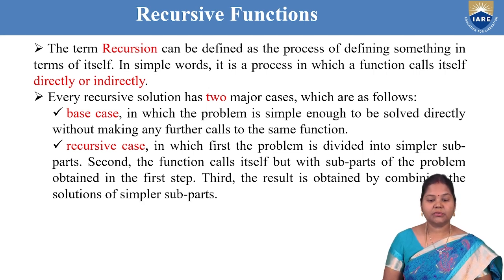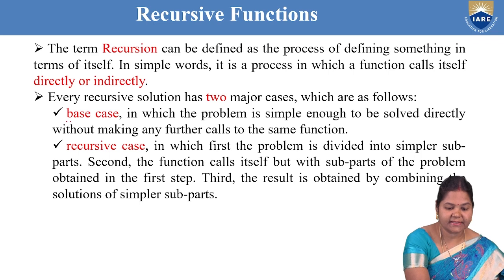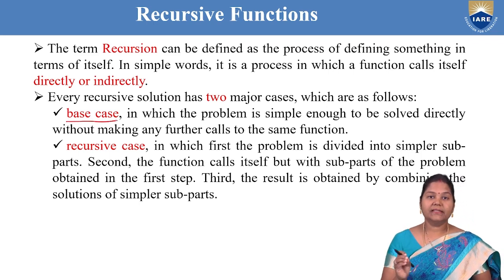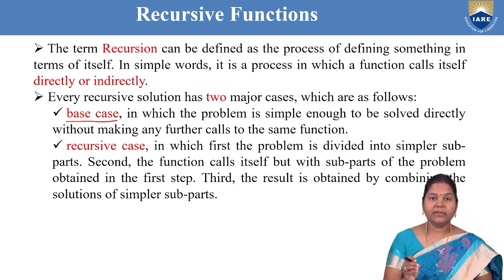Every recursive solution has two major cases. One is called the base case and the other one is called the recursive case. So what is the base case first? The base case is when the problem is simple enough that it can be solved directly without making any further calls to the function itself.